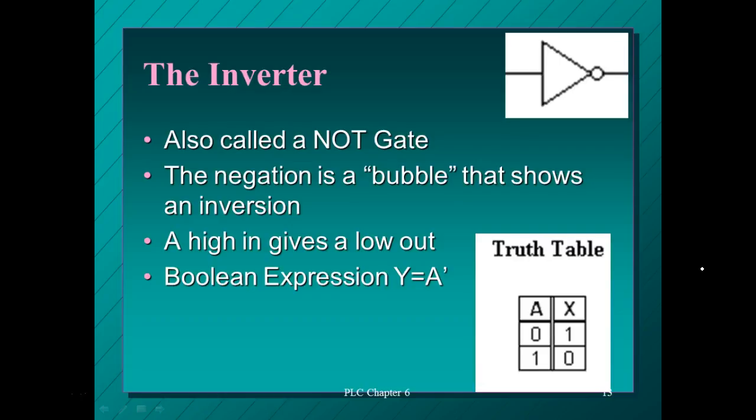So the circuit is called a what? An inverter. The logic is called a NOT. So a true in will give us a what out? False out. How would I do that with a contact?